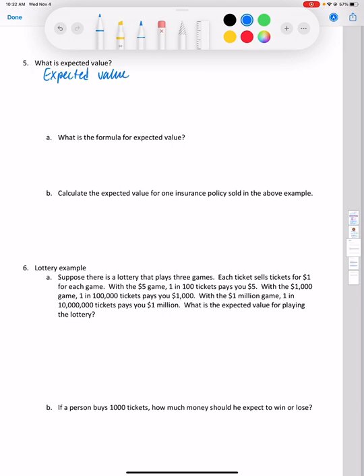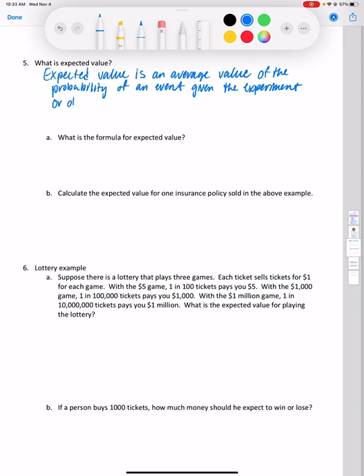So expected value is an average value of the probability of an event, given the experiment or observation is repeated many times.